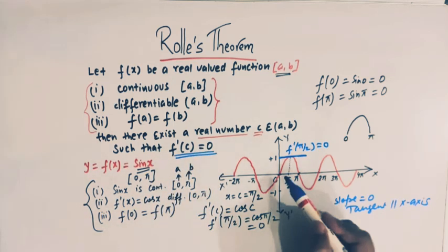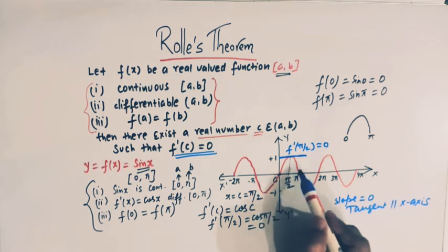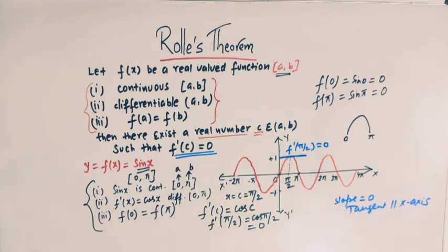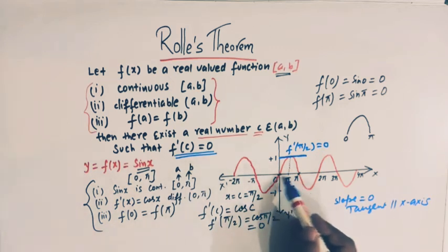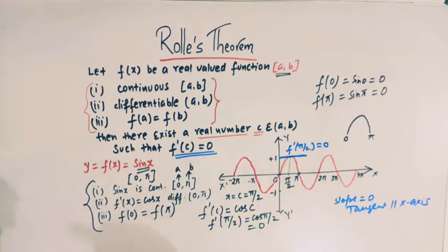So here in the interval 0 to pi, we have only one point, right? So now let us extend the interval, and then we'll see how we get more than one point between the given points or the interval.